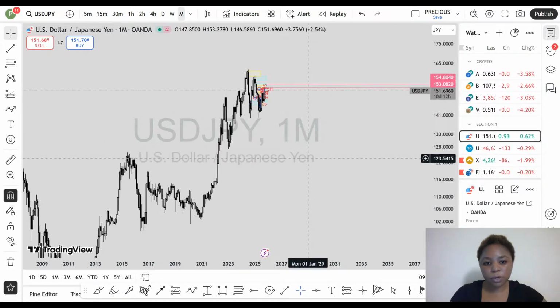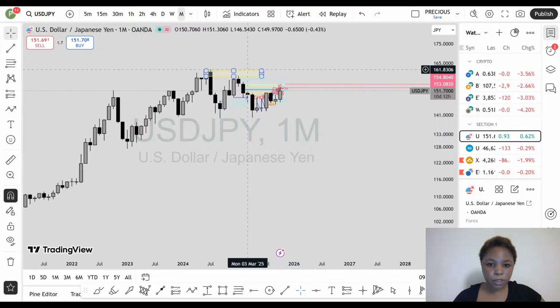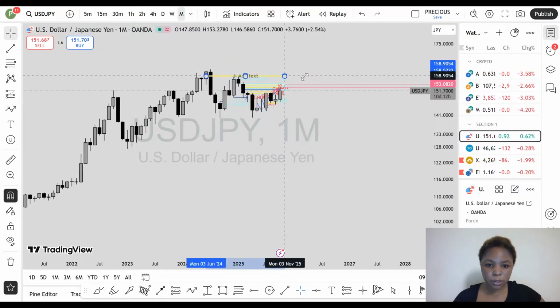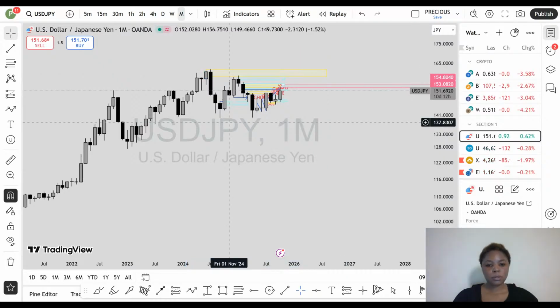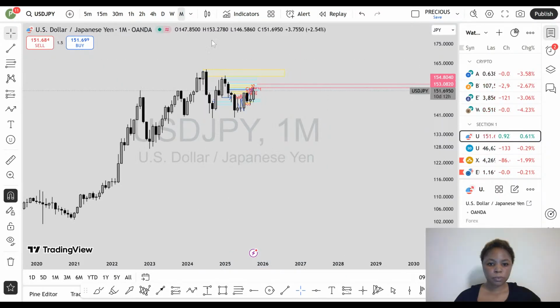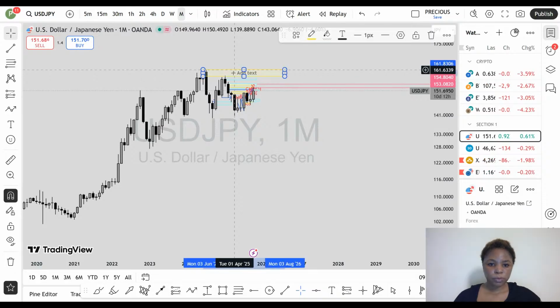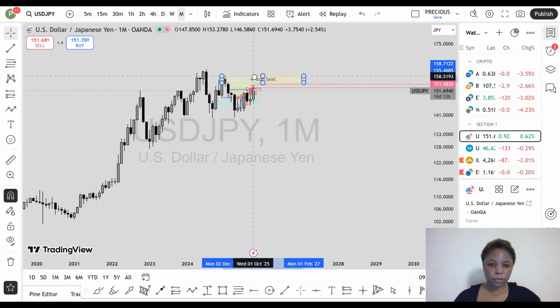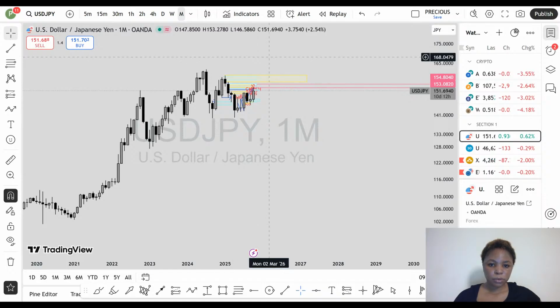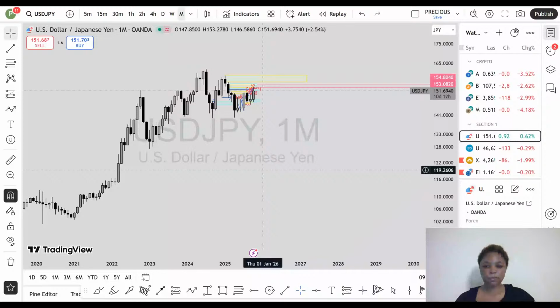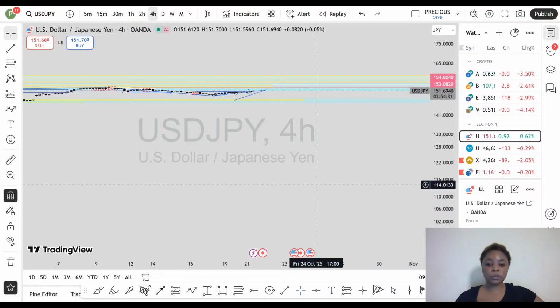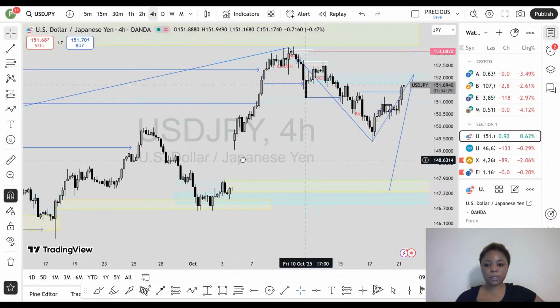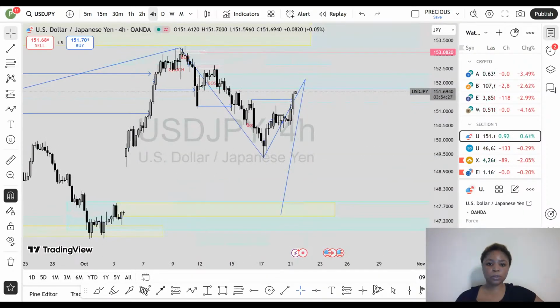This is the monthly, so we are expecting price to come into this level here for the long time analysis on this USDJPY. But that doesn't mean we don't have sell opportunities, even though it's a bullish market. We still do have sell opportunities because of the pullbacks.